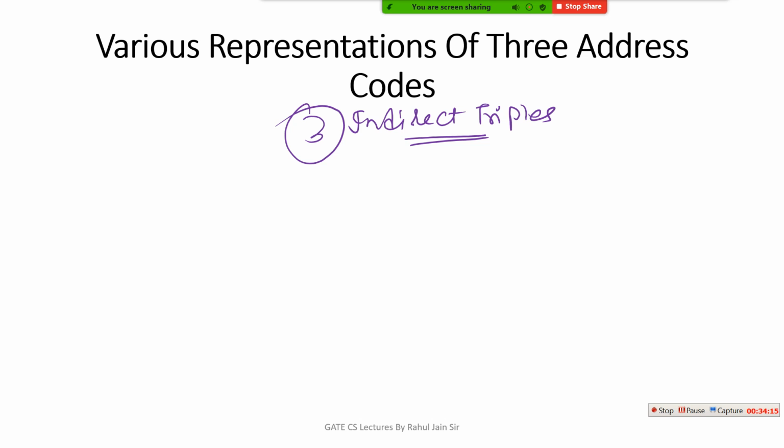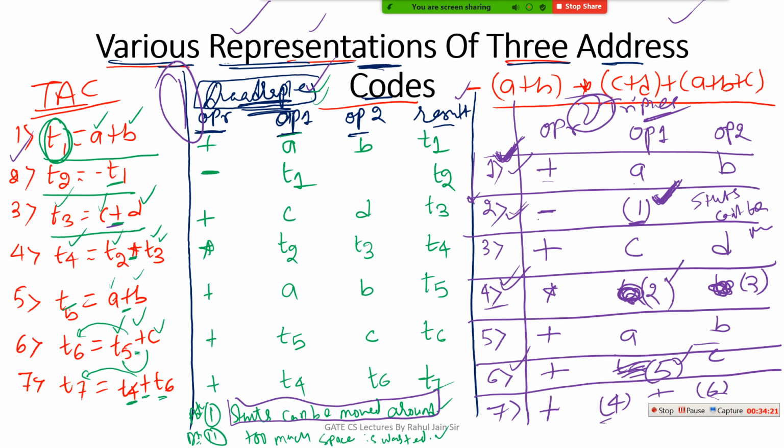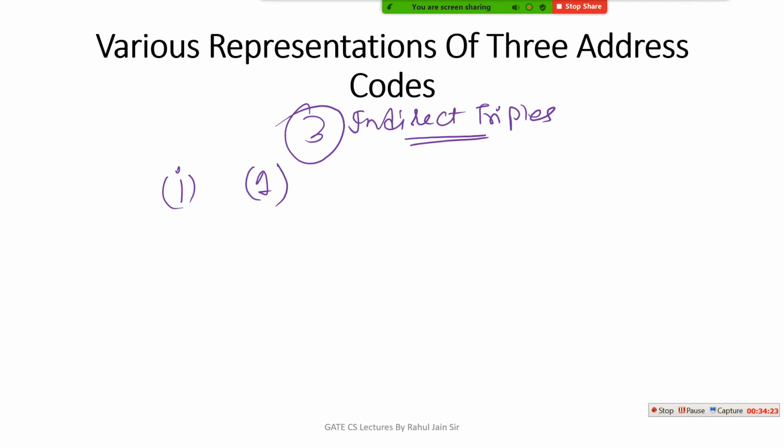So in indirect triples, the first entry would be called by 1. Whenever I need to call 1, I will just call 1. Indirect triples work on the basis of triples, but I do not need to keep the triples in my current memory.